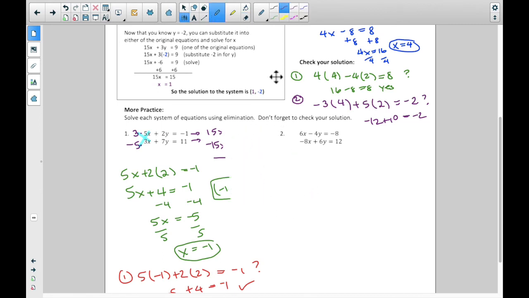On number 2, the easy option is we could just multiply this times 8 and this times 6, just switching it like we were doing on all these. Now, when you do that, of those 4 numbers that you're looking at, one of them has to be negative. Not 2 of them, just 1. And so in this box here, I do have one of them negative.